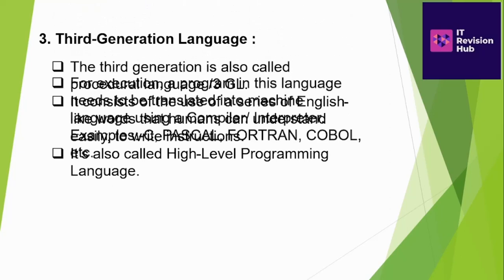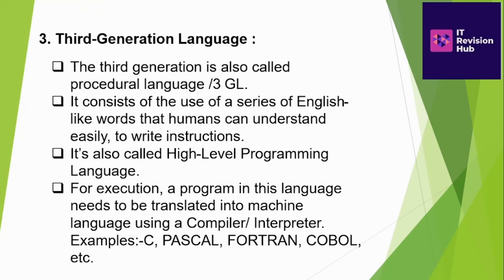For execution, a program in this language needs to be translated into machine language using a compiler or an interpreter. Examples: C, Pascal, Fortran and COBOL we can consider as third generation languages.